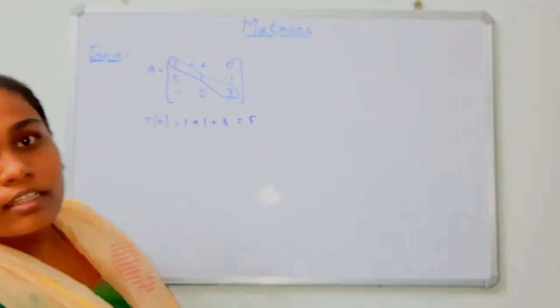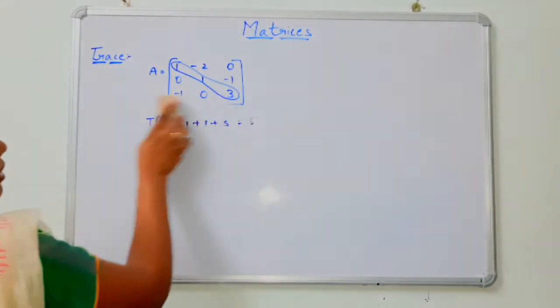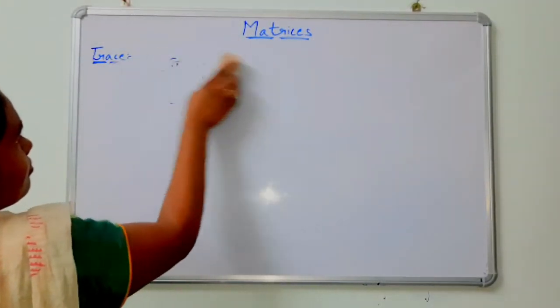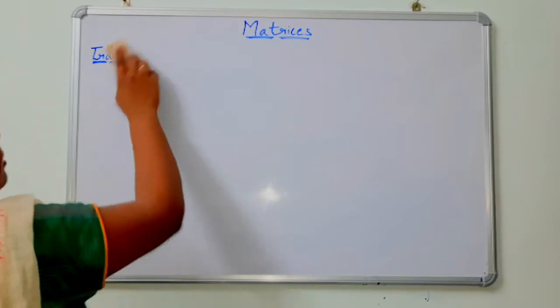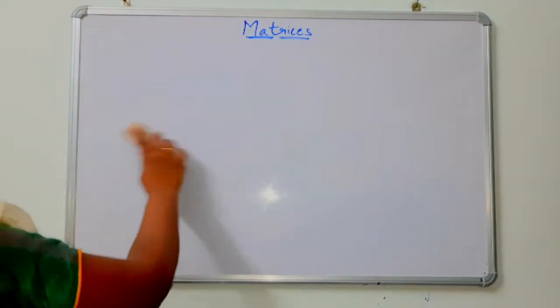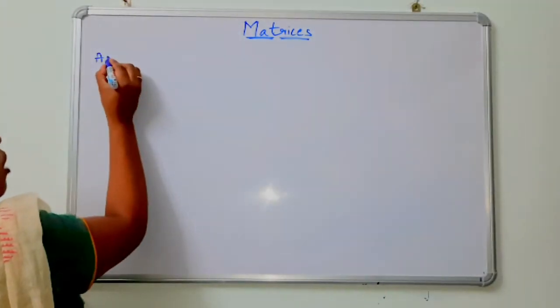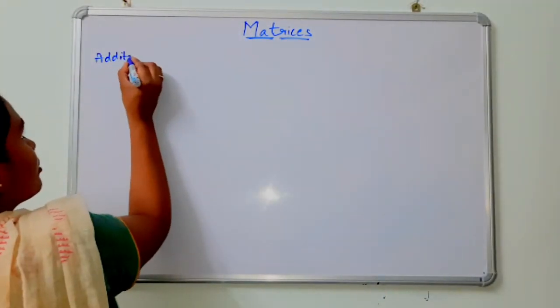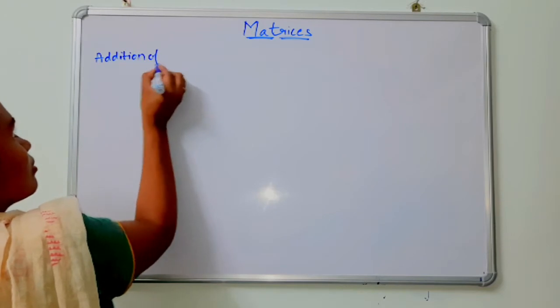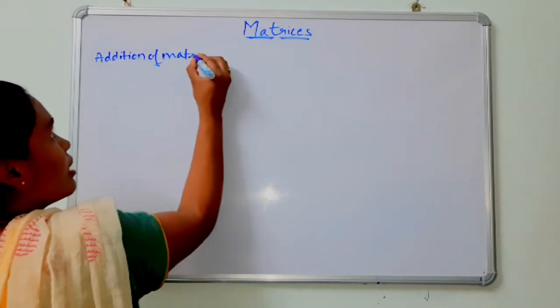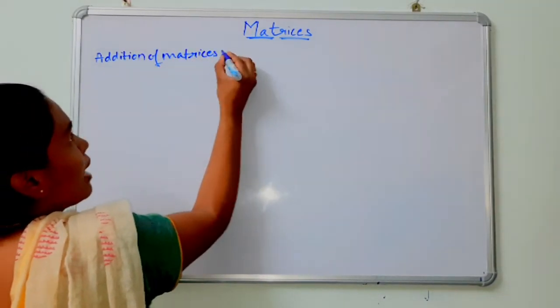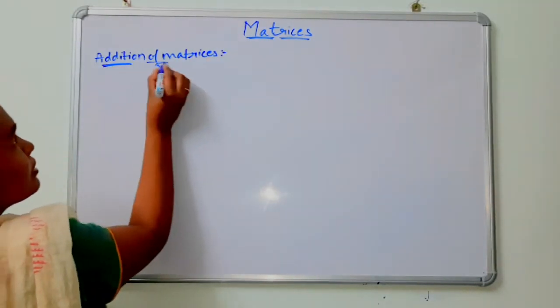Next, what next? Addition of the matrices. Let's see how the addition of the matrices is performed. Is it possible to perform matrix addition between two matrices?